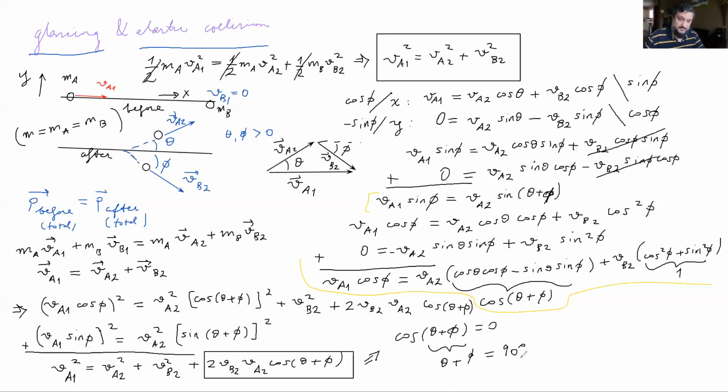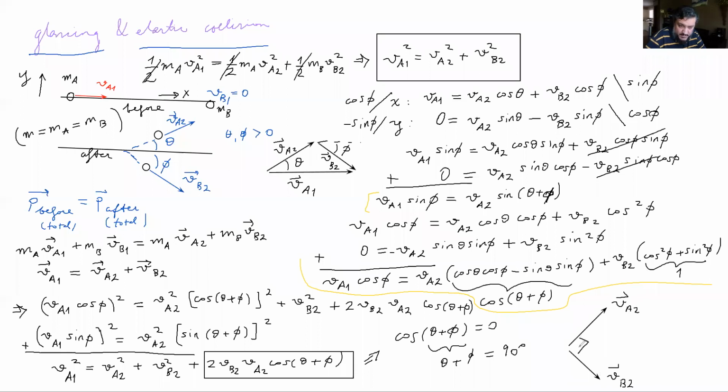Okay, so the 2 vectors here and there, these were the velocities after the collision, VA2 and VB2.